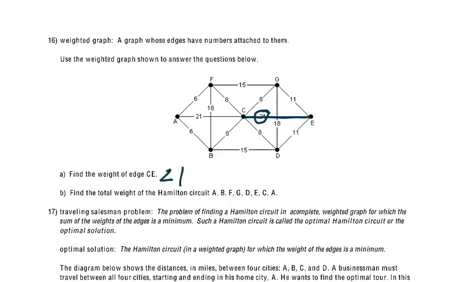Find the total weight of the Hamilton circuit. So AB is 6. BF is 18. F to G is 15. G to D is 18.